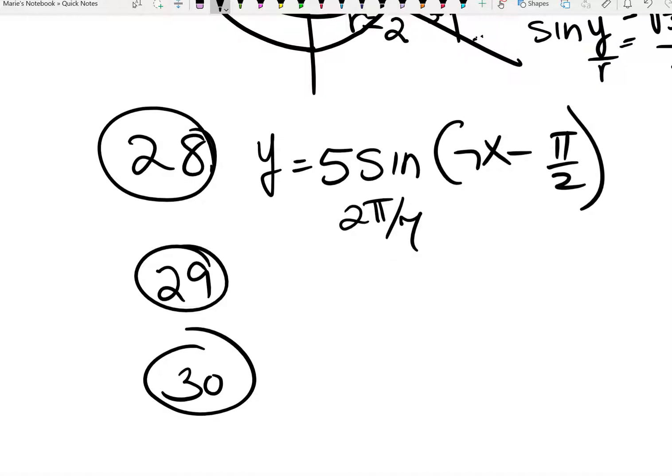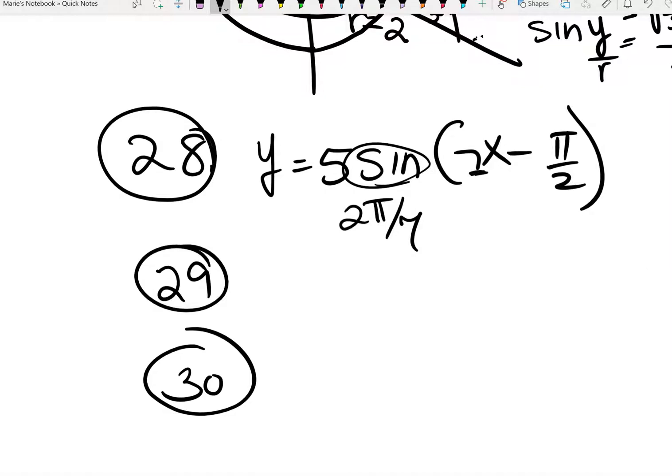Because remember, the period is always sitting here in front of the x. Okay, you also remember that the period for sine is 2 pi, and we're dividing it by that number.